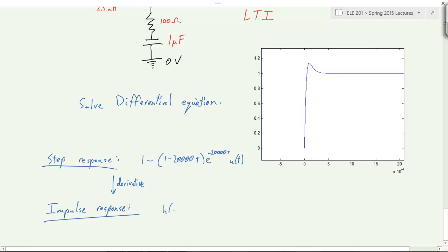So we get h of t for this system equals minus 400 million t e to the negative 20,000 t u of t. Here's the formula. I didn't plot it, but this is the impulse response of this system.